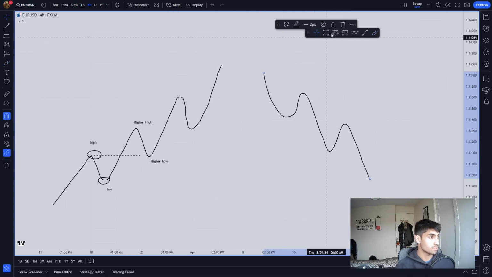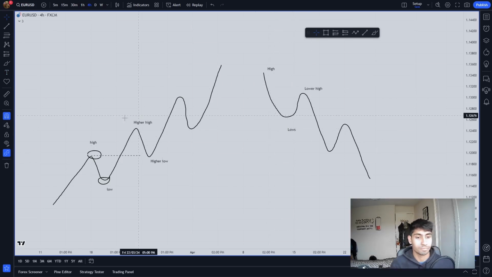Exact same thing, except if I write the texts, you get the highs, and then you get the lows, and then what would this be called? A lower high. So in periods of downtrends, prices are creating lower highs and lower lows. And price likes to break lows in periods of downtrend. So here's a low, breaks through. Here's a low, breaks through.